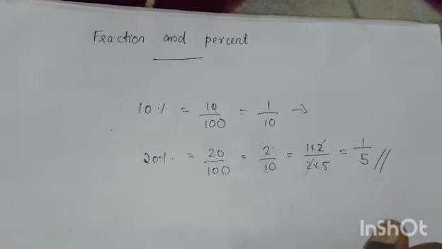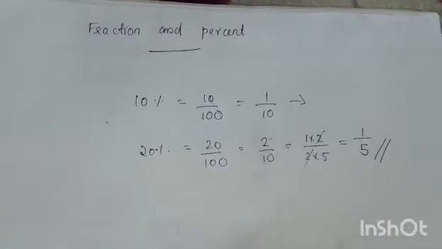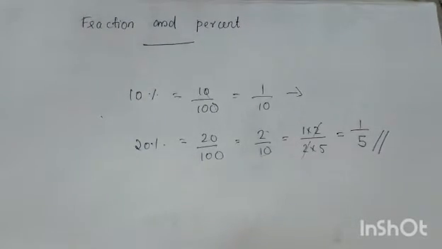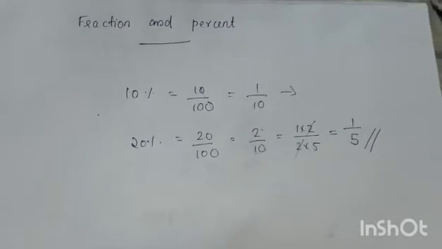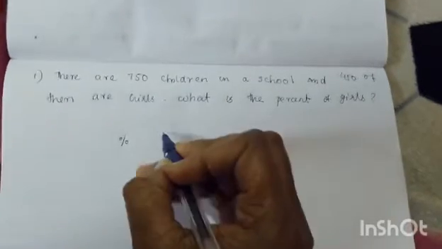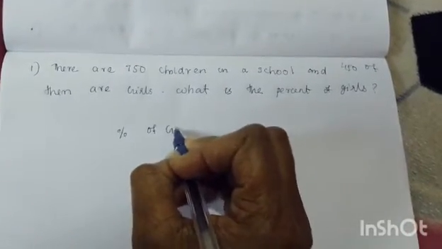Next we are dealing with some problems. Whatever the total number of students given, we want to find out the percentage. Next one: there are 750 children in a school and 450 of them are girls. What is the percentage of girls? Here we need to find out the percentage of girls.